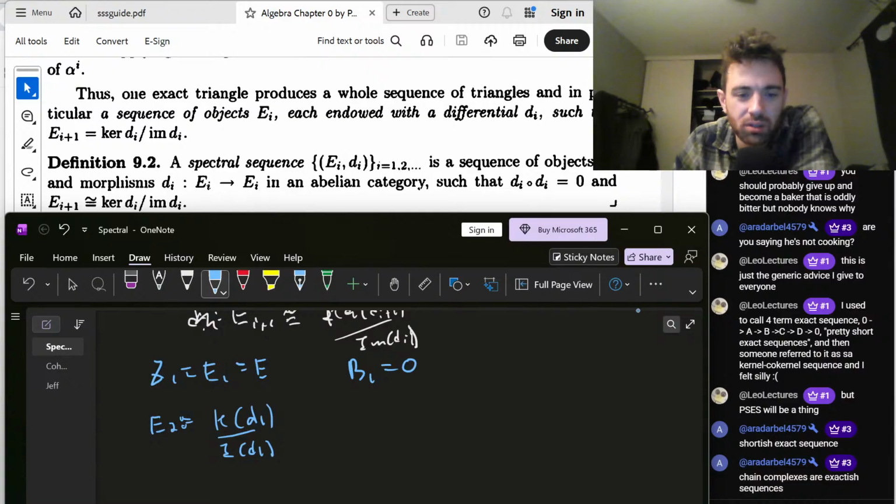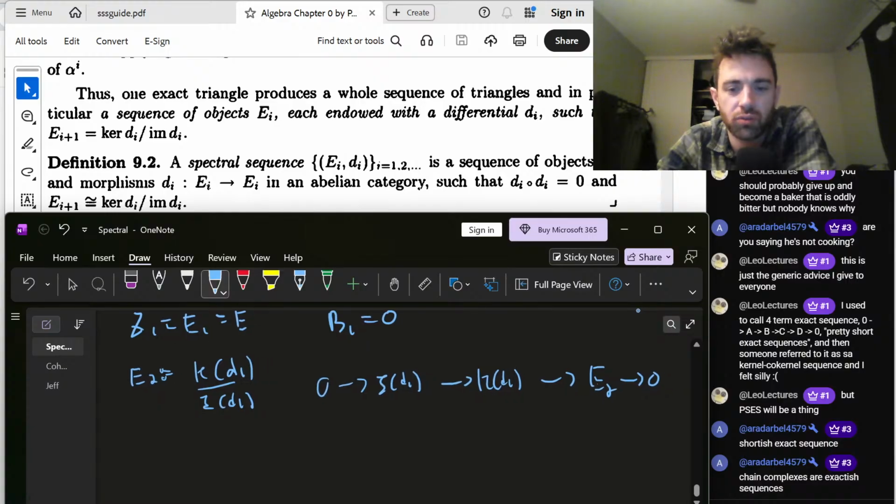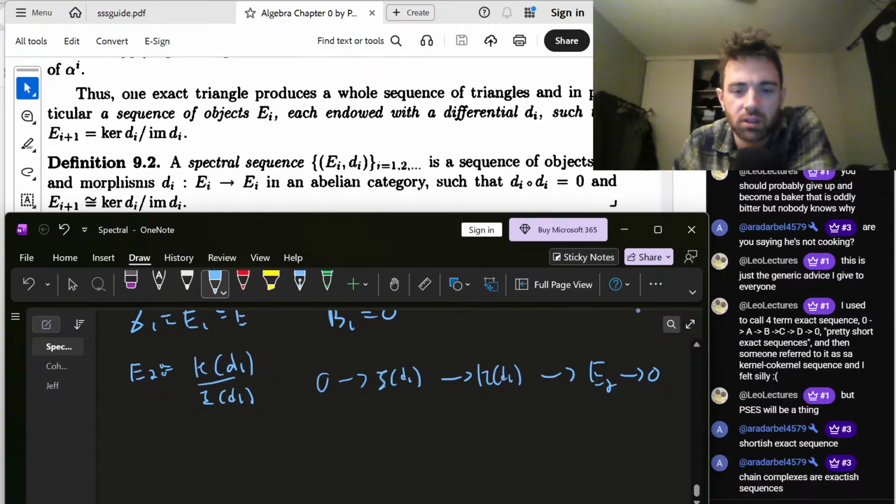So, why is my brain not working here? I mean, E2 is just this quotient, right? Image of d1, kernel of d1, and then the quotient is here. And I want to express this in terms of Z1.